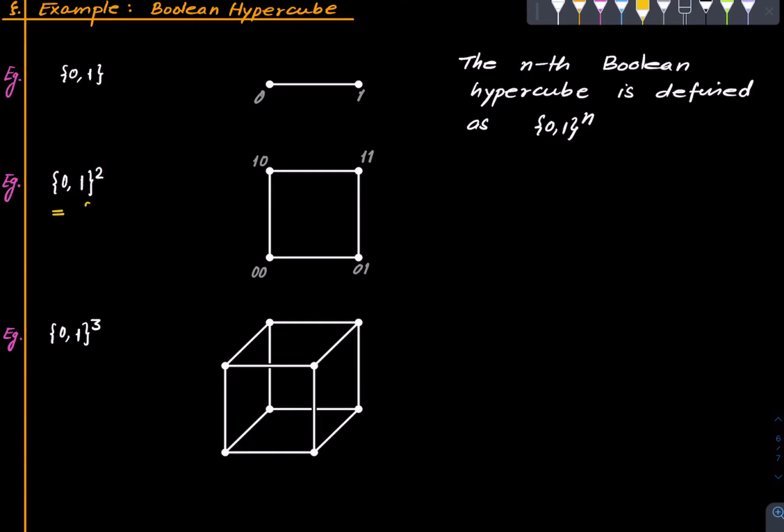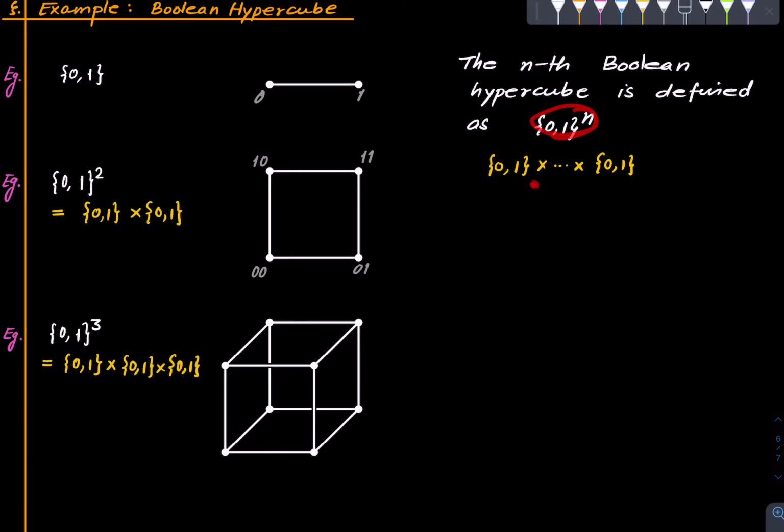This is a shorthand for that, and this is a shorthand for this. When we write this, we mean take the n-fold Cartesian product of {0, 1} with itself, n times. This is just a notation to denote it. So that's the definition of the nth Boolean hypercube.